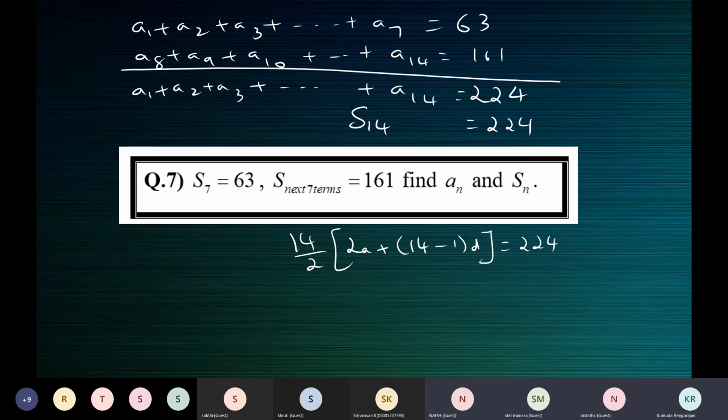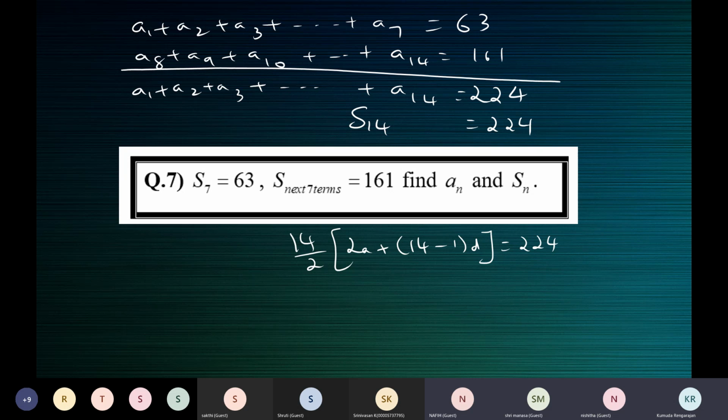The first equation is from S7 equal to 63. That remains the same. Now to get the next equation, S7 is 63 means A1 to A7 is 63. Sum of the next 7 terms is 161, that is A8, A9, A10 till A14.